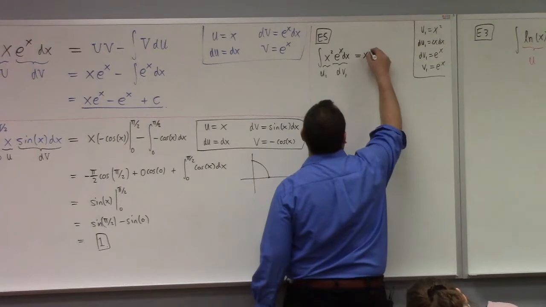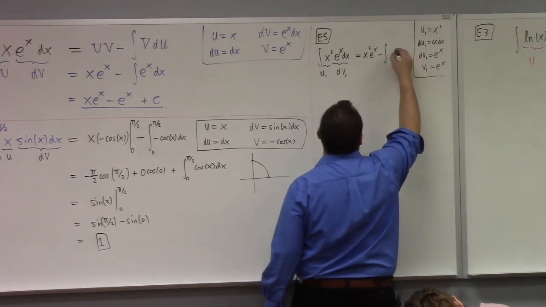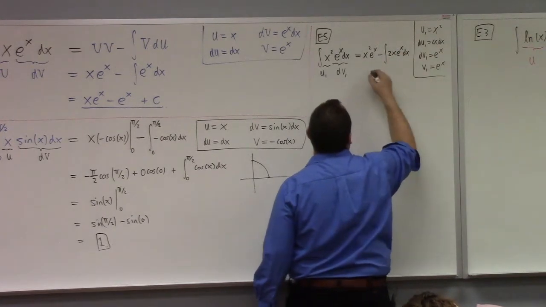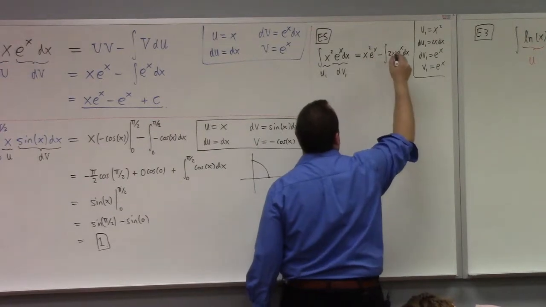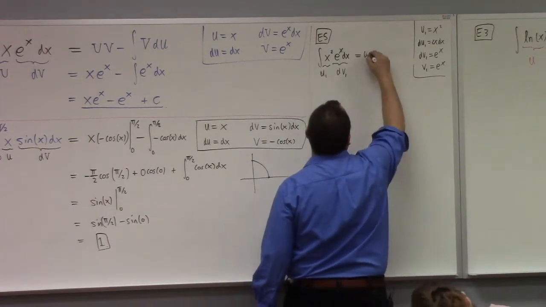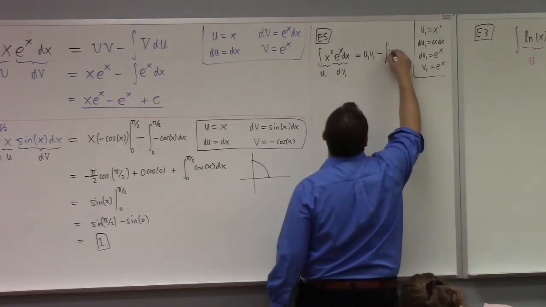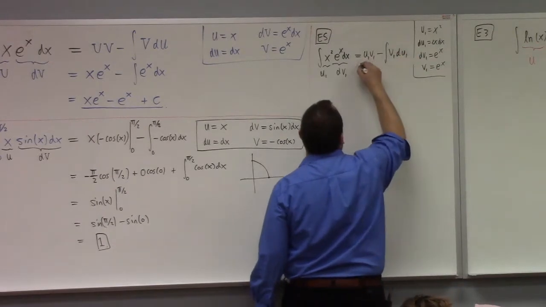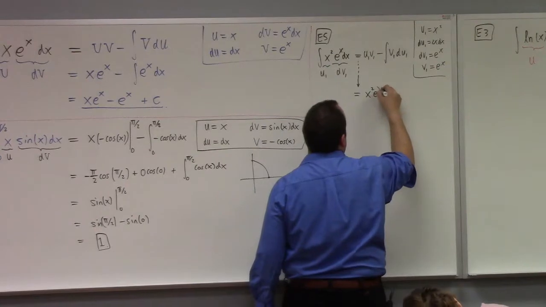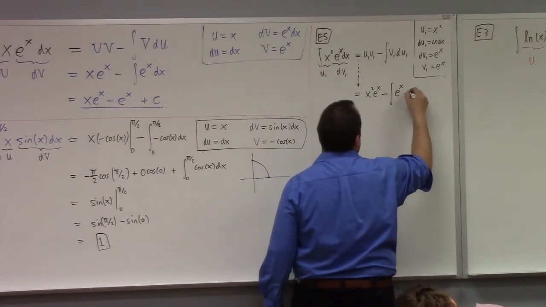All right, so integrate by parts. I've got x squared e to the x minus the integral of 2x e to the x dx. Oh, fine. u1 v1 minus the integral of v1 du1 equals x squared e to the x minus the integral of e to the x times 2x dx.